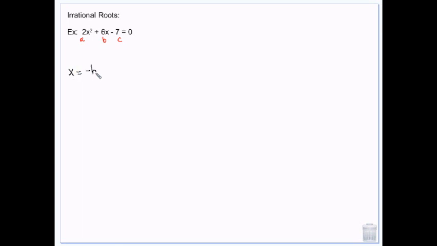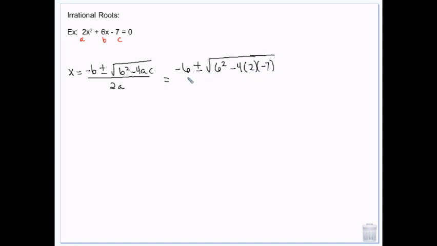So x equals -b plus or minus the square root of b squared minus 4ac all over 2a. It's going to get stuck in your head, you'll see. So I have -b, which is 6, and then b squared, which is 6 squared, minus 4 times a times c over 2 times a.